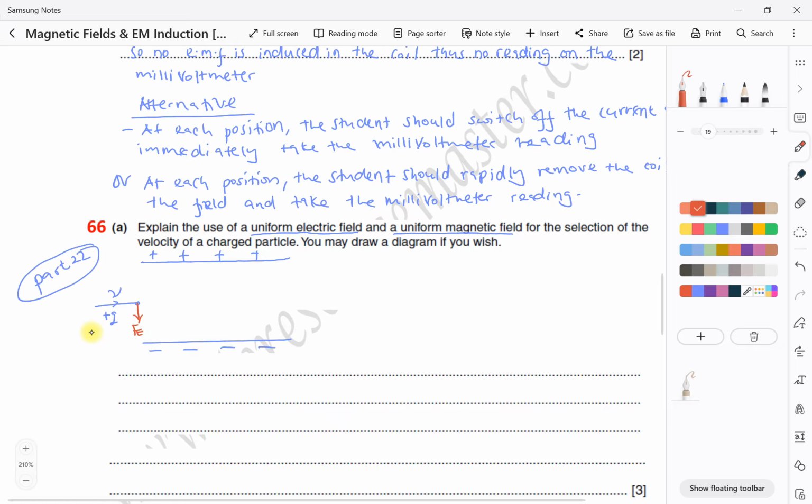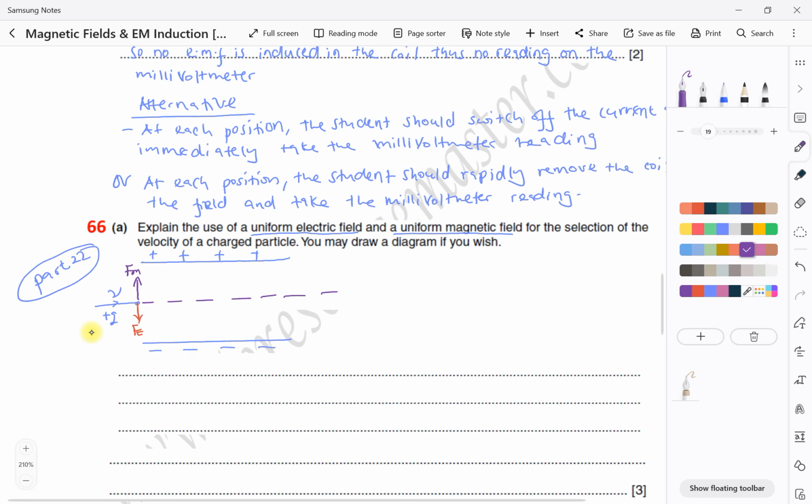So by all means, I should make the magnetic force upwards, so that the particle can go through the crossed field without being deviated. So F due to the magnetic field should be upwards. And how am I going to make that possible?